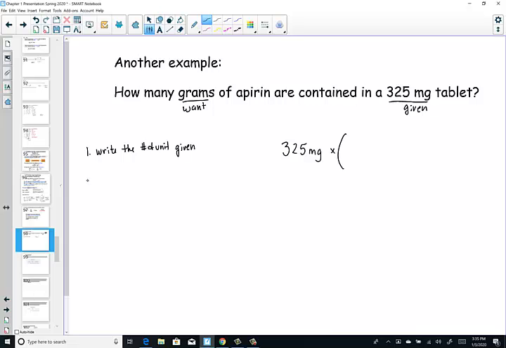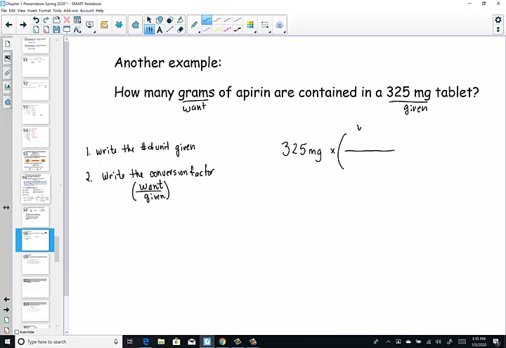The next thing I do is write out a conversion factor. Think about the unit that you want over the unit that you're given so that your cancellation occurs.